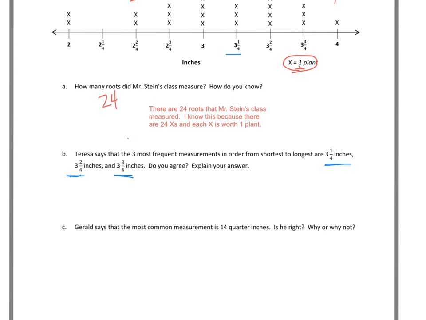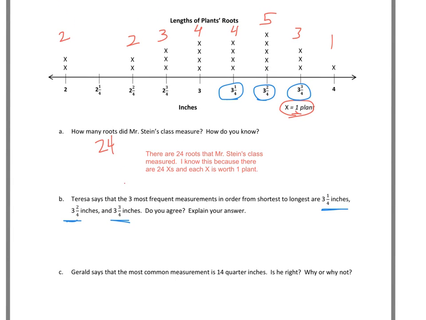So let's first start at 3 1/4, 3 2/4, and 3 3/4. Those are the 3 measurements. And if I'm looking at the longest ones, I see that this one, and this one are actually the longest. 3, 3 1/4, 3 2/4.